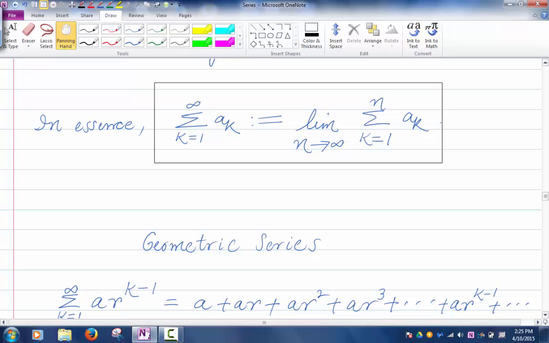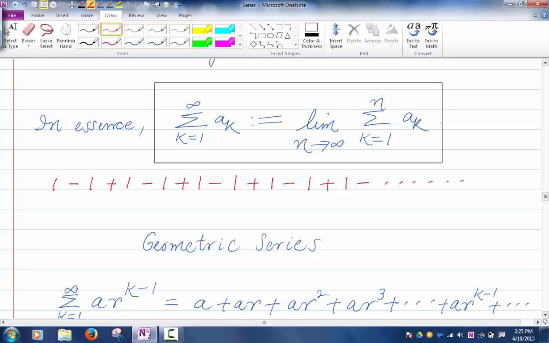Now let me give you an example of what can happen if you're not thinking about your definition. Let's consider this series: 1 minus 1 plus 1 minus 1 plus 1 minus 1 plus 1 minus 1 plus 1 minus.